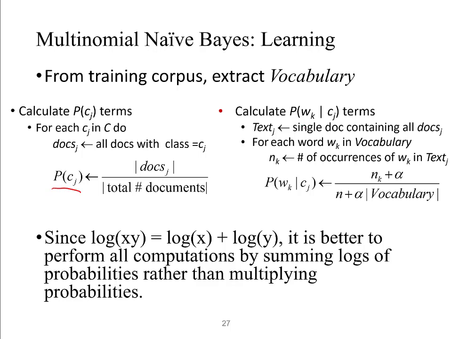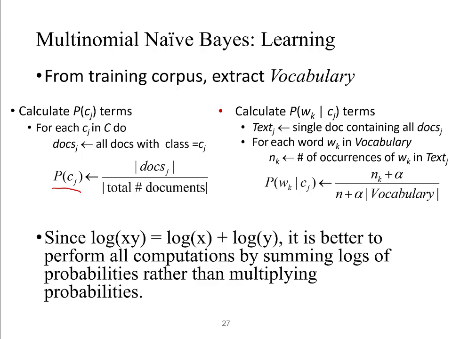And in order to compute the probability of Wk given Cj, we firstly construct the mega document: we create a single document containing all documents with class label equal to Cj.